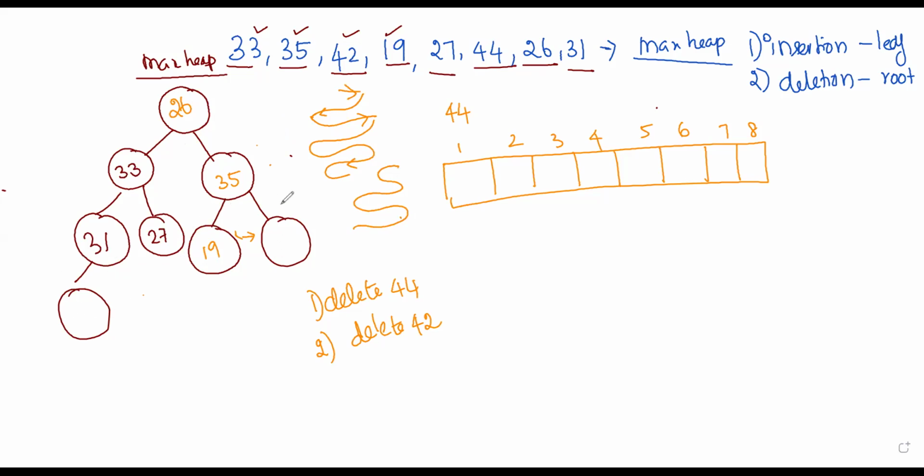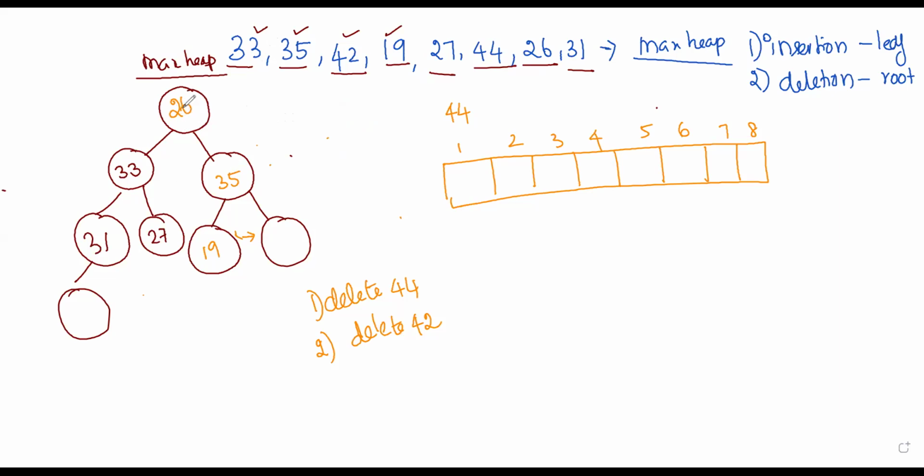So now 26 replaced the top after deleting 42. The next position element in the last is 26, so I have replaced that. I have to check the max heap property. The parent should have the largest value, right? So check with its children, 33 and 35.